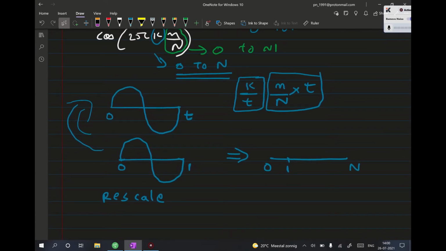So this total number of data would remain the same, capital N. This one we will divide by t, and this one also by t.